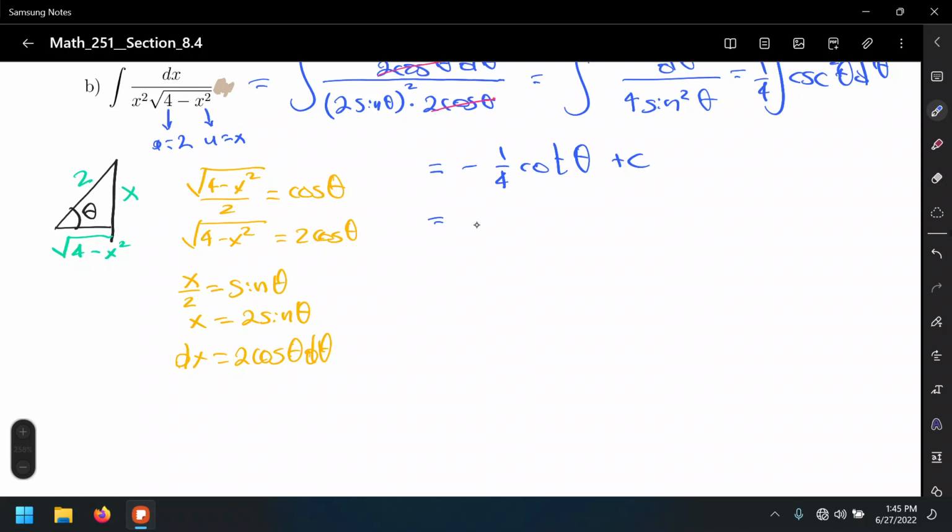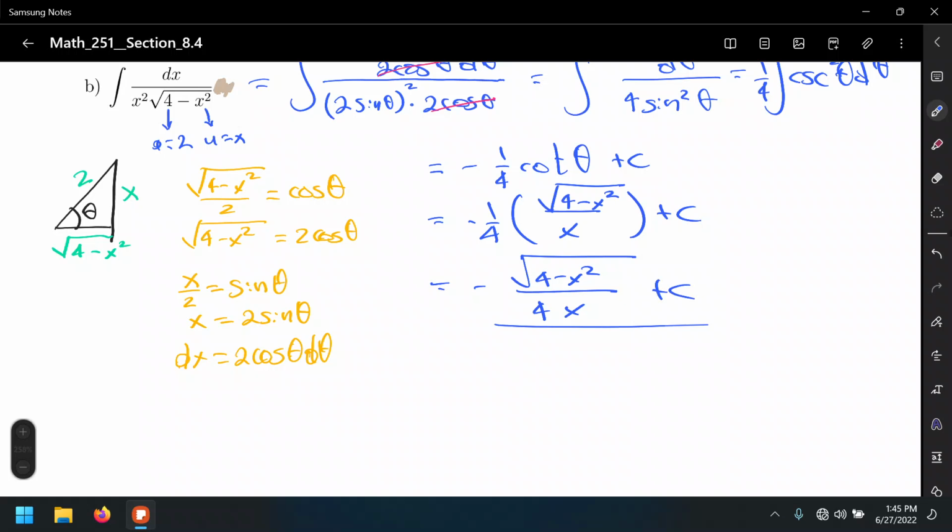So all we do here is negative 1/4 times adjacent, which is the square root of 4 minus x squared over x plus c. Let's just clear the parentheses. Negative square root of 4 minus x squared over 4x. Final answer. All right.